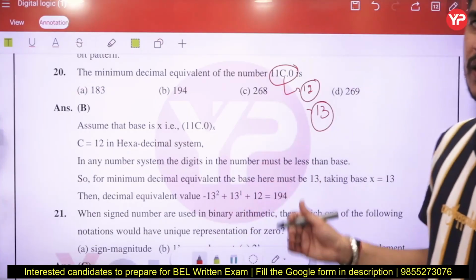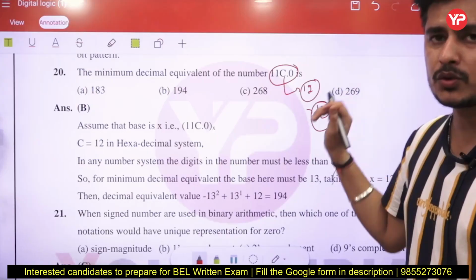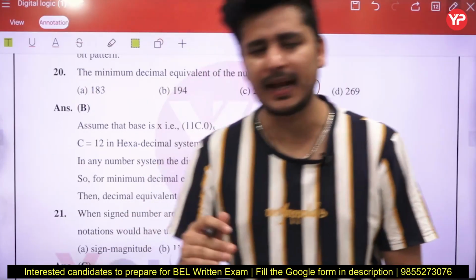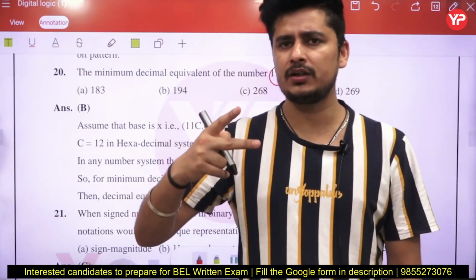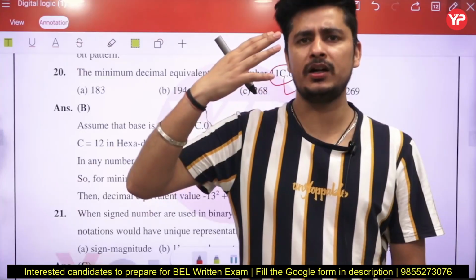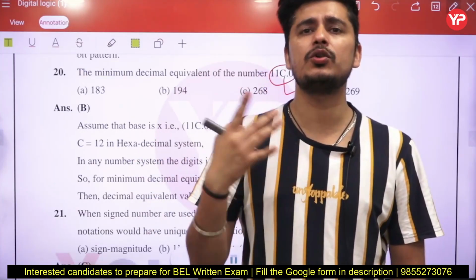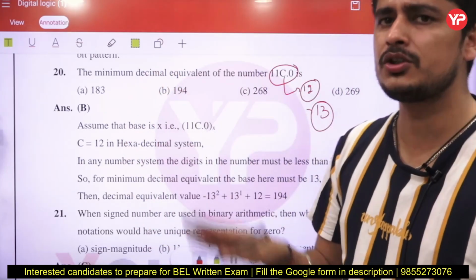You can't take base 12 because you have to find the minimum decimal equivalent. So you have to choose the minimum base. From a binary base you can represent only two numbers, 0 and 1. If you have an octal base, you represent 8 numbers from 0 to 7. Similarly, if I choose base 13 here, I can represent numbers from 0 to 12.